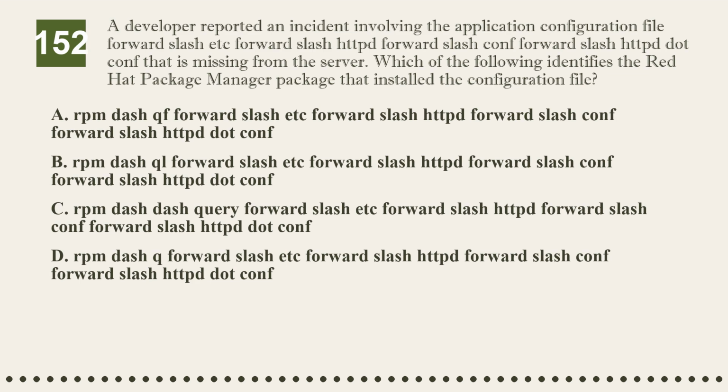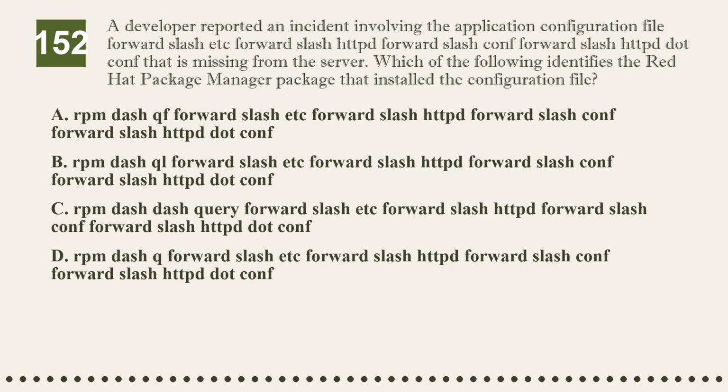Question 152. A developer reported an incident involving the application configuration file /etc/httpd/conf/httpd.conf that is missing from the server. Which of the following identifies the Red Hat Package Manager package that installed the configuration file? Option A. rpm -qf /etc/conf/httpd/httpd.conf.